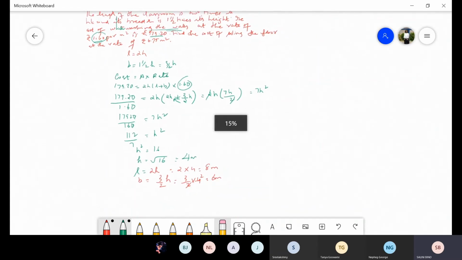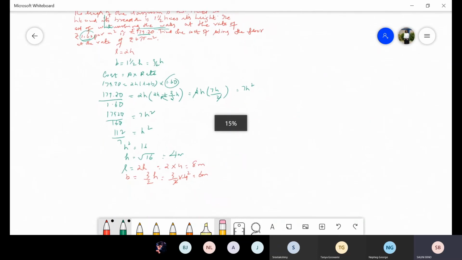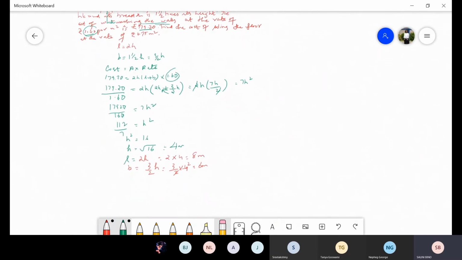Now the problem is not over. We have to find the cost of tiling the floor. You know that in case of a rectangular hall, the dimension of the floor will be length into breadth, right?